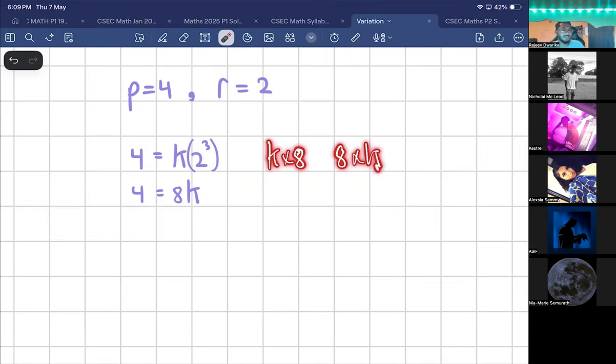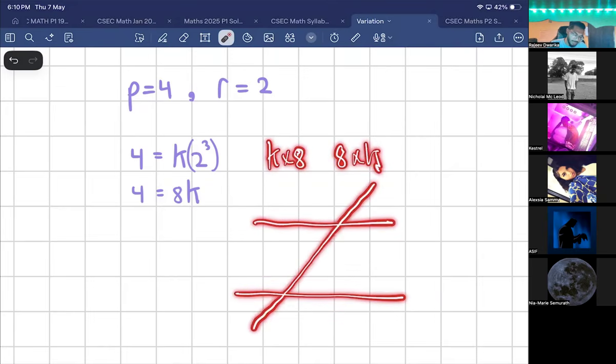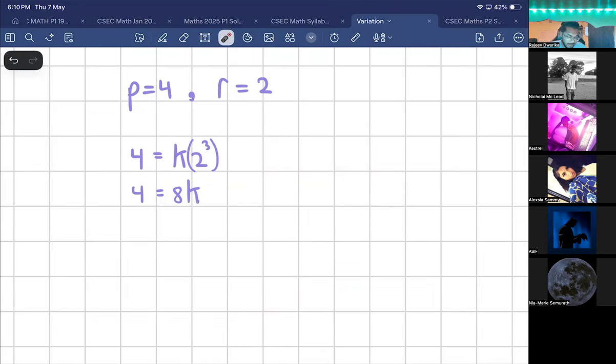Transversal? No, a transversal is like this line over here. What's the next letter? I never said I could spell.